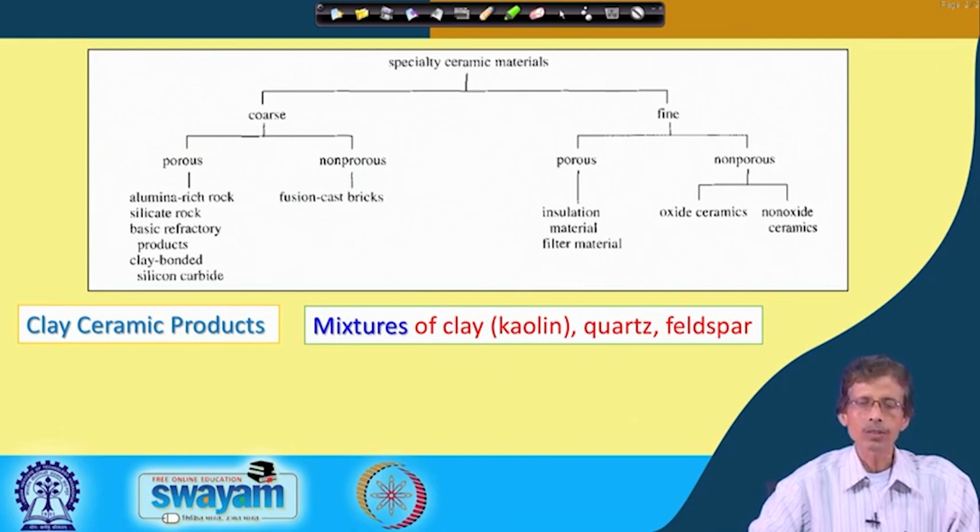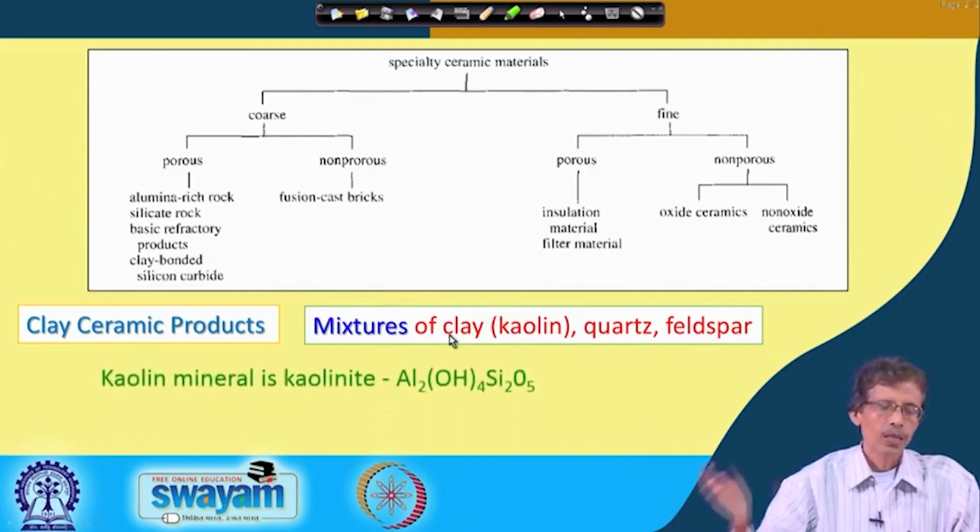When kaolin is there, we can mix it with quartz and with some amount of feldspar. So, the different compositions of this material form basically a mixture. Then we go for the processing of this material to get the ultimate finished product as the new ceramic product.